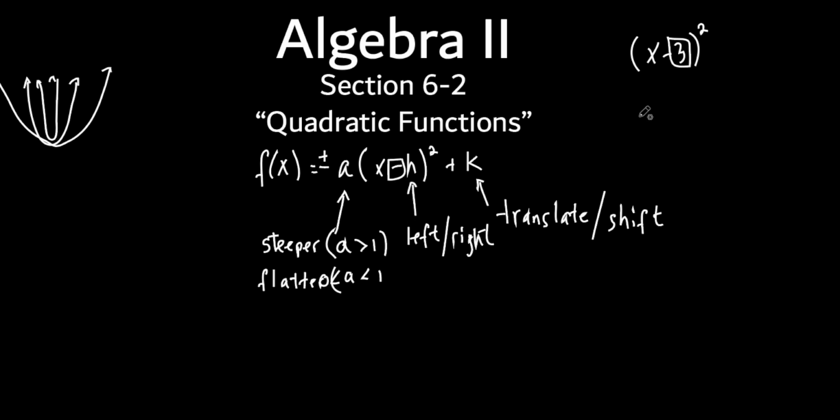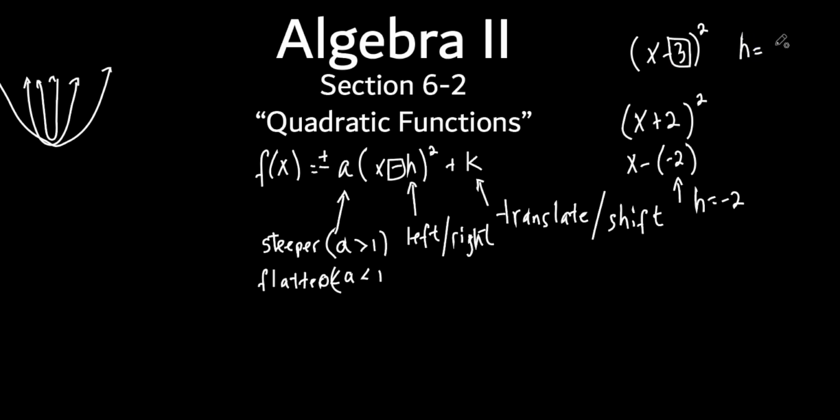So when you see like x plus 2, this really is the same thing as x minus what? Negative 2. Do you see that? So that means that your h right there, the h is actually what? Negative 2, which means it moves to the left 2. You understand that? Okay. And right here, what is your h?